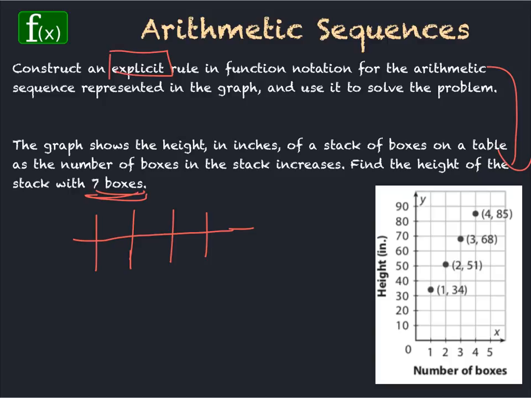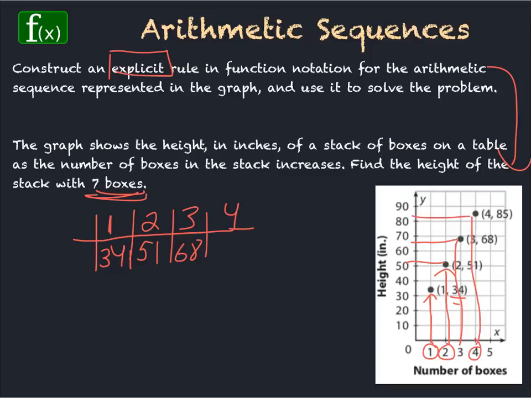When our input x is 1, what is our output y? It would be 34. So that would be your first term. At position 2, it would be 51. At position 3, it would be 68. At position 4, it would be 85.